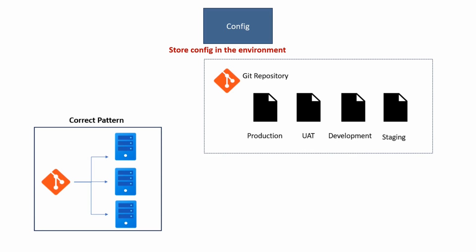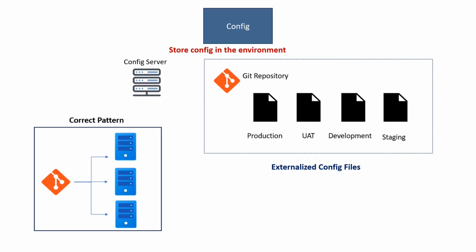For example, for production, UAT, dev, or staging, we will have separate config files so that they are not part of the code base, and also they are not part of the same config file, right? So you will basically externalize those config files and use a config server.